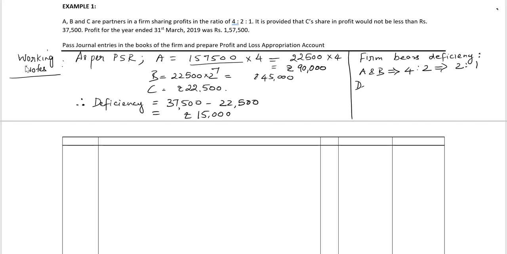So the deficiency to be borne by A is equal to rupees 15,000 into 2/3, which is equal to rupees 10,000, and the deficiency to be borne by B is equal to 15,000 rupees into 1 divided by 3, which is equal to rupees 5,000.